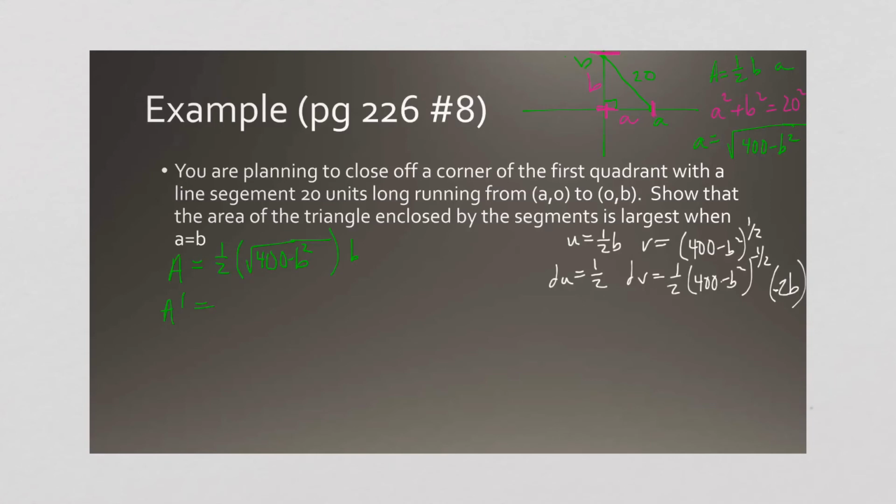We end up with negative b squared over 2 square roots 400 minus b squared plus the square root of 400 minus b squared over 2. Remember, we need to do common denominators, so we're going to multiply this guy by 400 minus b squared because that's what we don't have.